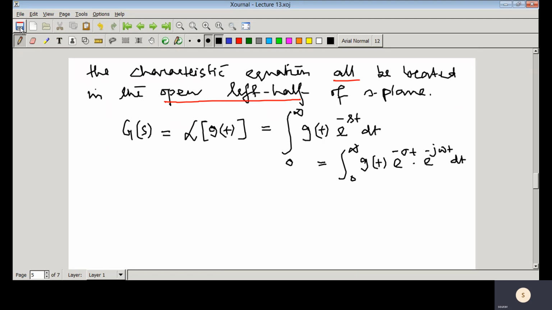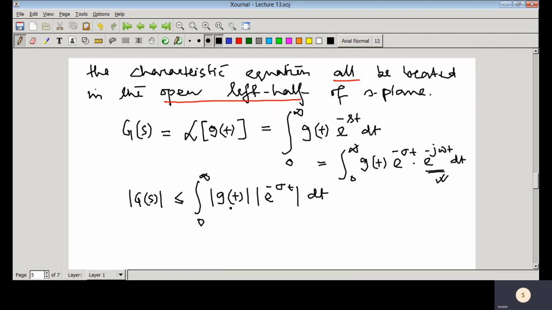Now if we take the mod of G(s), the mod of e to the power minus j omega t equals 1, so we can write the integral from 0 to infinity of the mod of g(t) times the mod of e to the power minus sigma t dt, as the mod of this one equals 1.